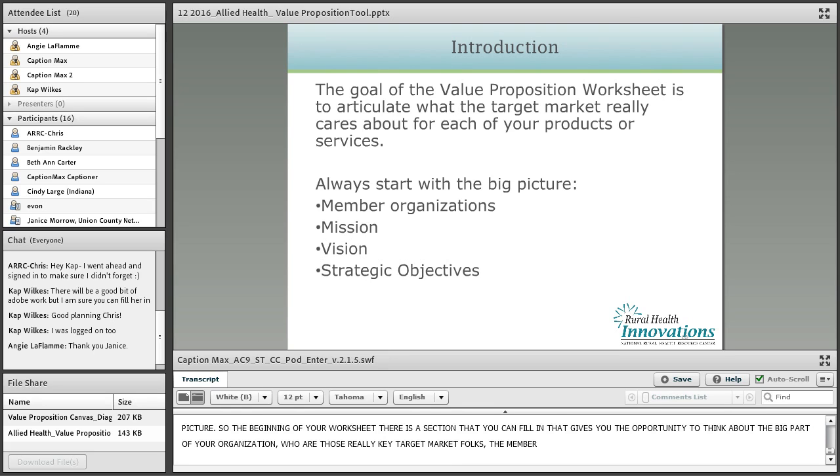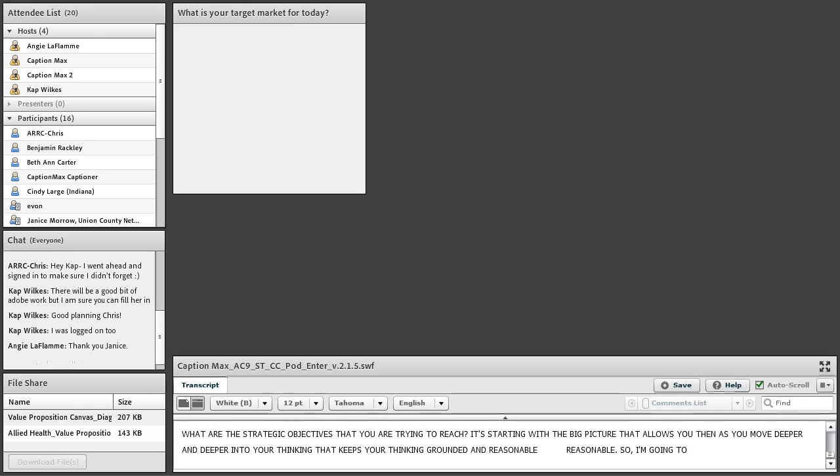Who are those key target market folks, your member organizations that are part of the decision making and governance of your organization? What is the mission and vision of the program that you're developing or the network that you run? And what are those strategic objectives that you're trying to reach? Starting with this big picture allows you, as you move deeper and deeper into your thinking, to keep your thinking grounded and reasonable.